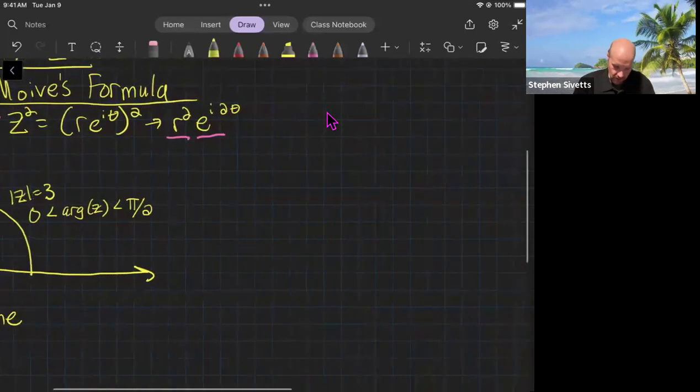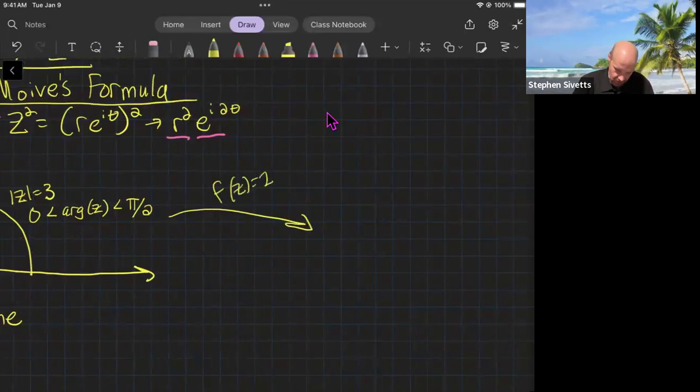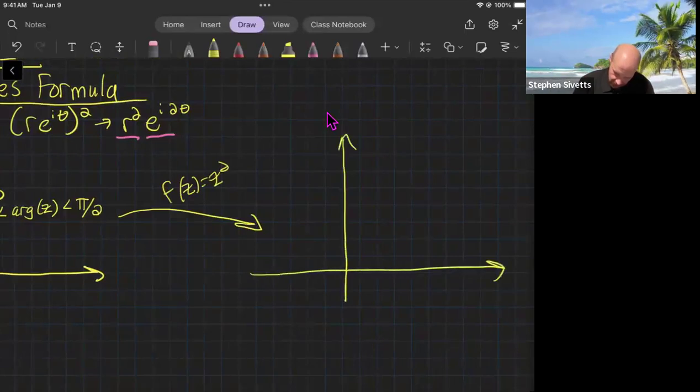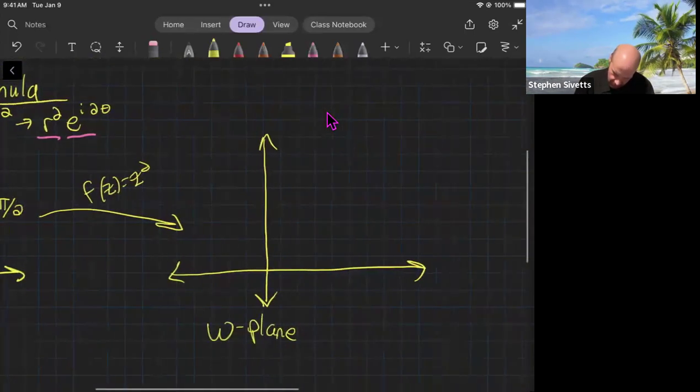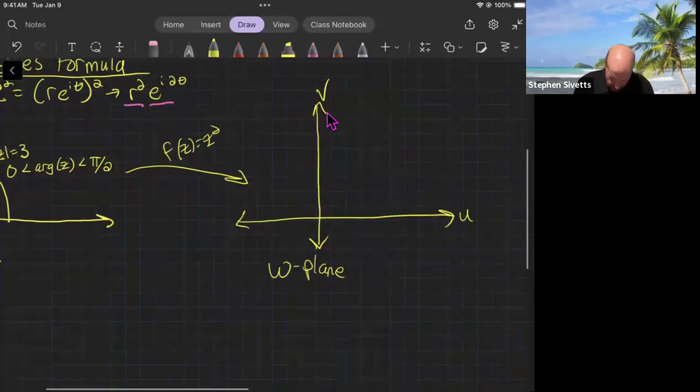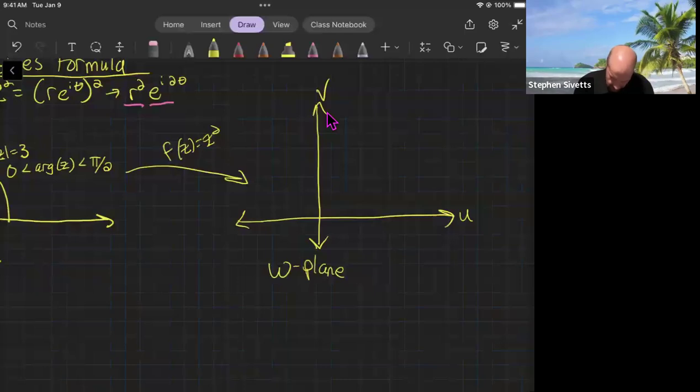So what our set will look like under this function f of z equals z squared will look like the following. This is the W plane, with U and V here. We know that the radius is 3 and the argument is between 0 and pi over 2 in the z plane.